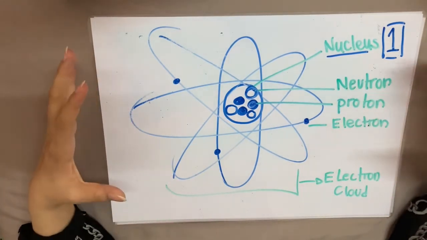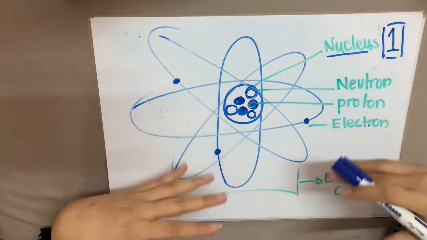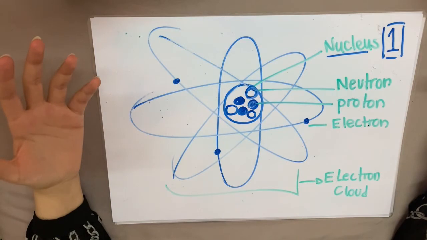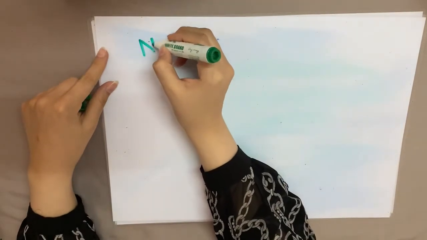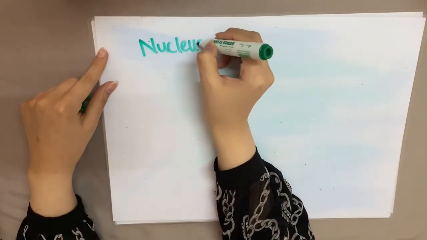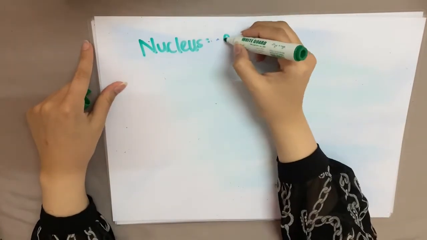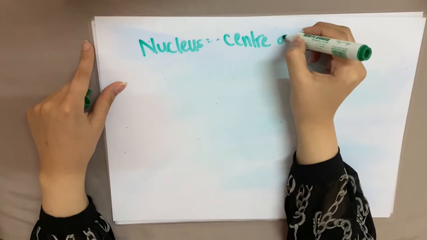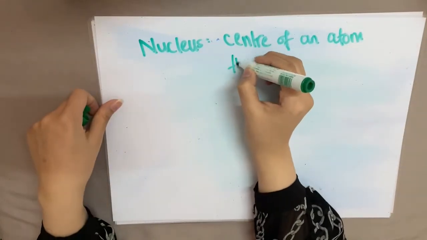Okay, so atoms are made up of 3 types of particles, and each of these tiny particles has something special on its own. Let's go and take a look at these particles. Let's start from the biggest. We agreed that a nucleus is the center of an atom, right? So, the center of an atom has 2 particles.